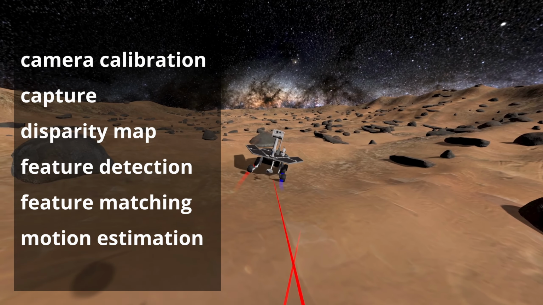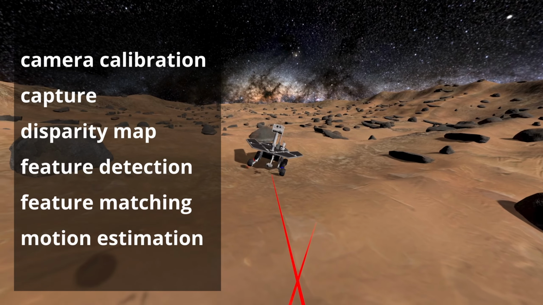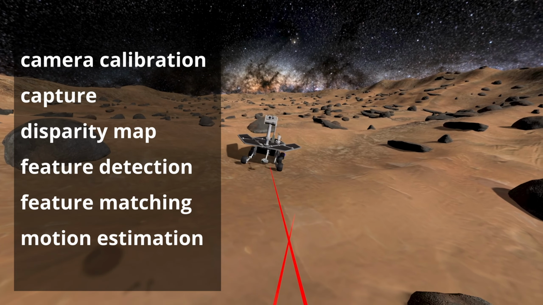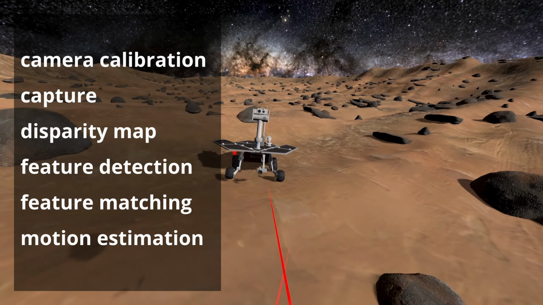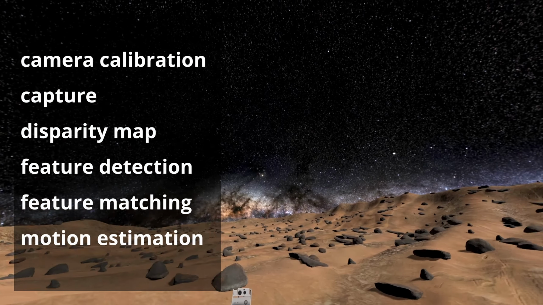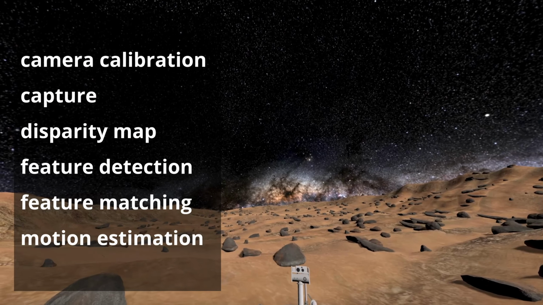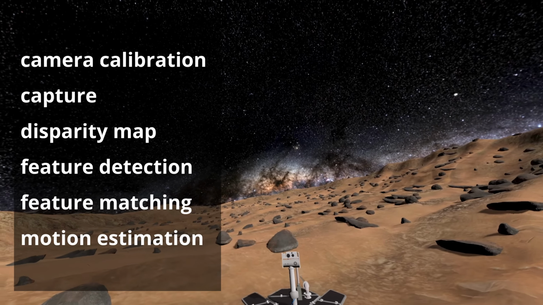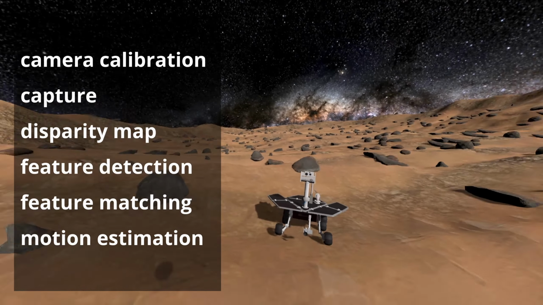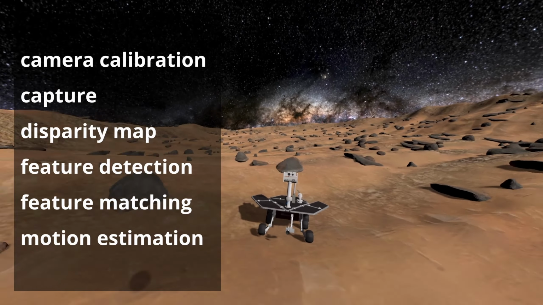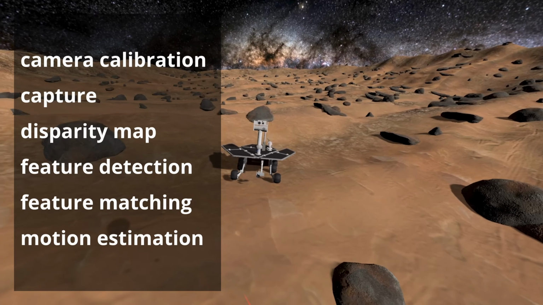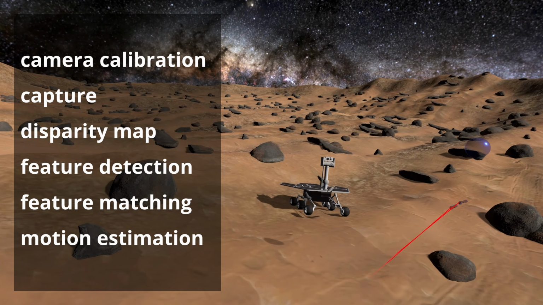In case of stereo visual odometry, we have to compute a disparity map, so extract the depth map from the stereo images. Then detect features in these images and match these features to features we detected in the previous frames. And from these changes in the feature positions, we can estimate a motion of the observer.